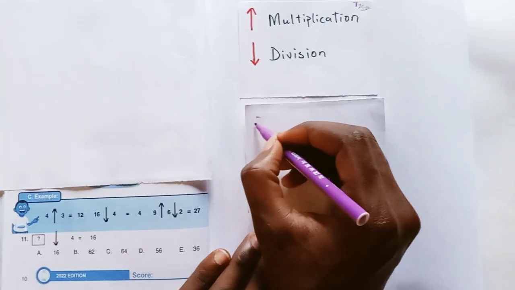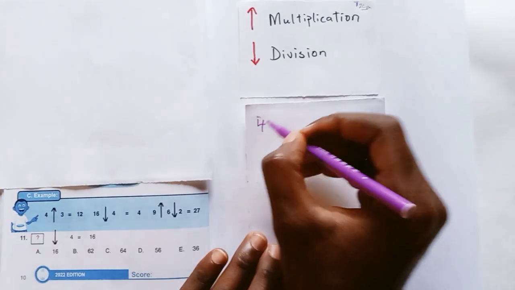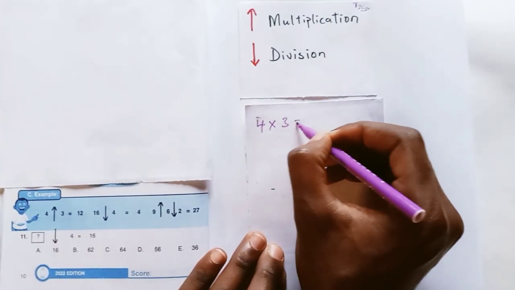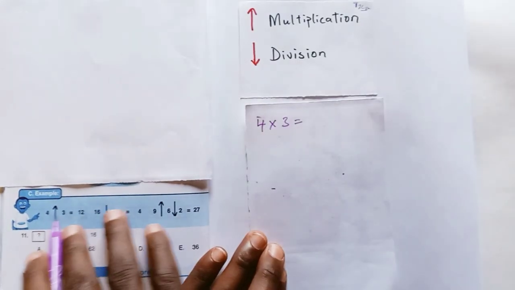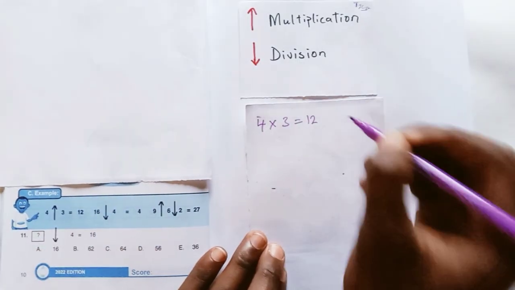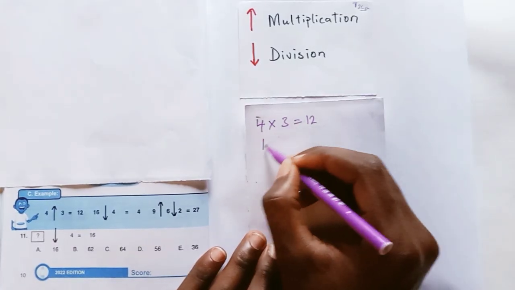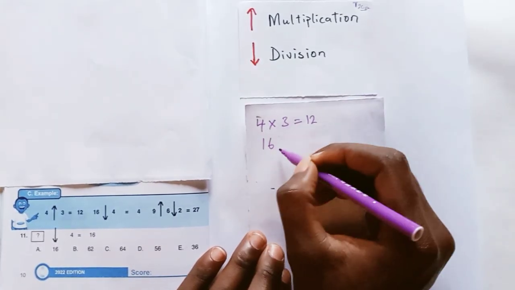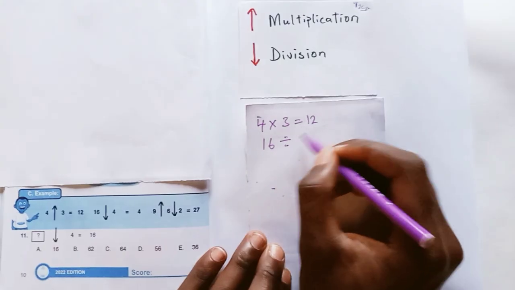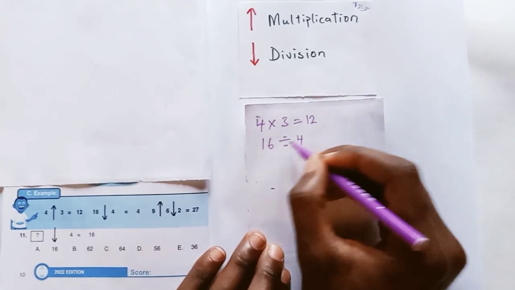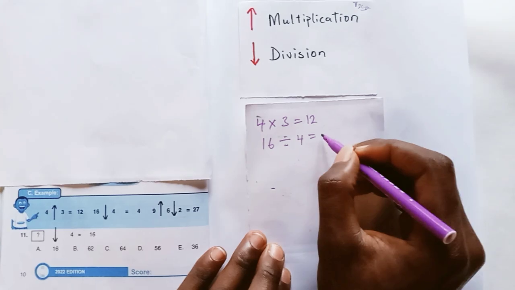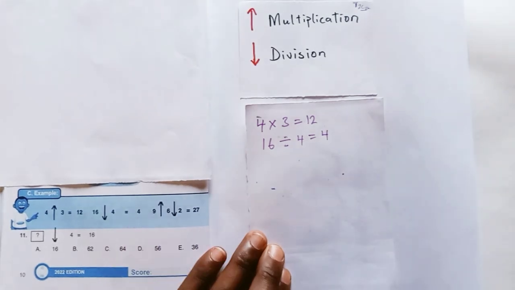So the first one is 4 multiplied, because it's pointing upward, times 3. So 4 times 3 is 12. The second one is 16 because it's pointing downward, so we're going to divide by 4. 16 divided by 4 is 4. That's how we get the 4 there.